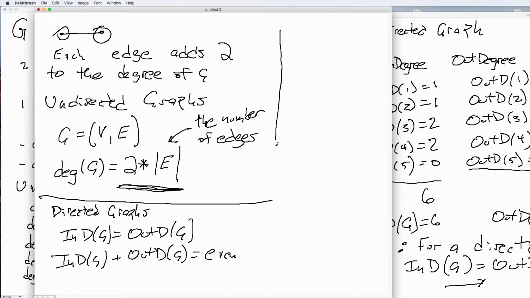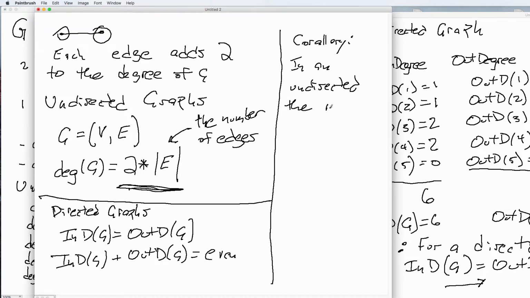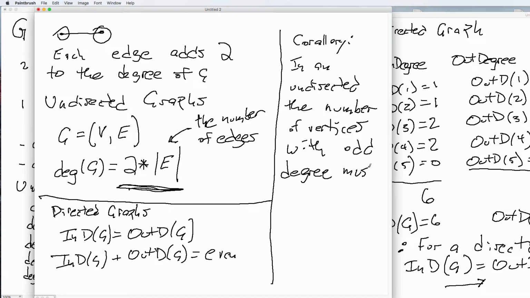For example, corollary: in an undirected graph, the number of vertices with odd degree must be, and before I write the answer in there, can you guess what it could be?